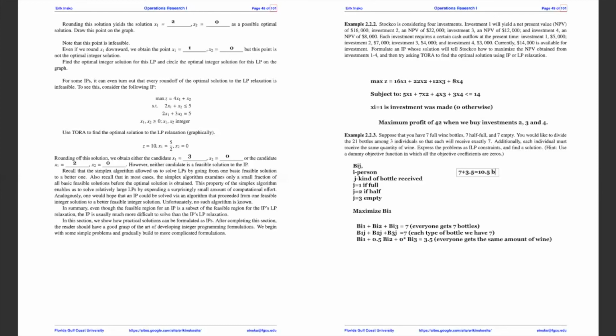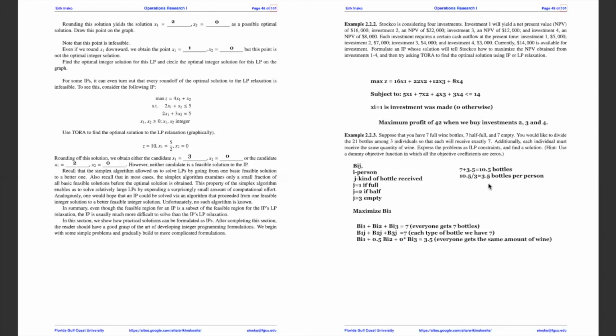So if we want to divide this among 3 people, we have 10.5 divided by 3 equals 3.5. So this is the amount of wine that everybody would get. However, it doesn't need to be in full bottles. It can be some full and some half bottles.